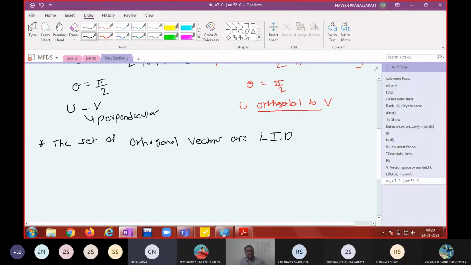The set of orthogonal vectors are linearly independent. But the converse need not be true. Linearly independent vectors are not necessarily orthogonal.